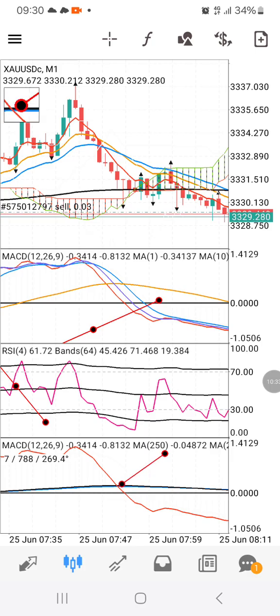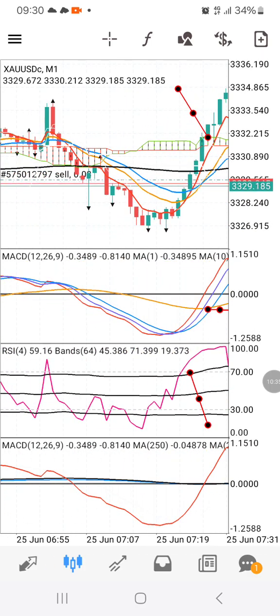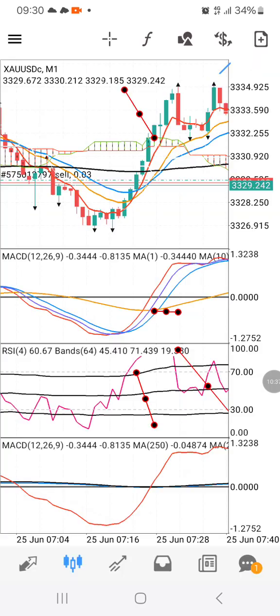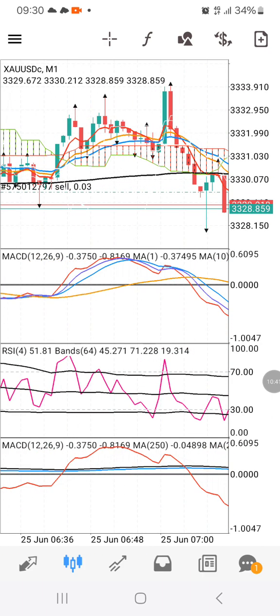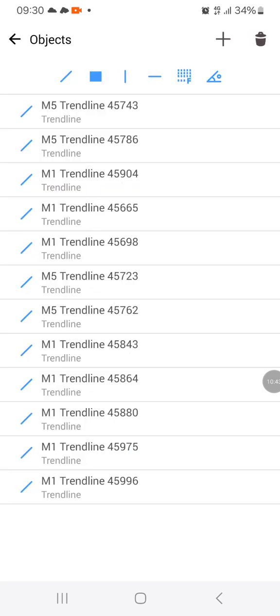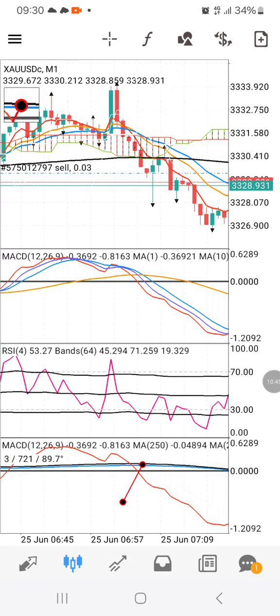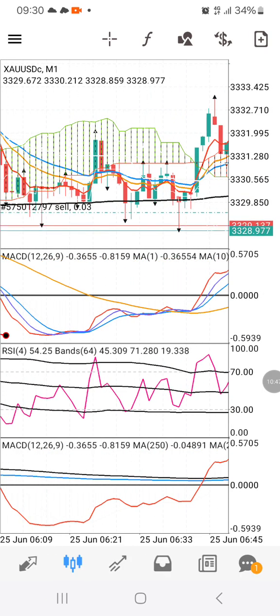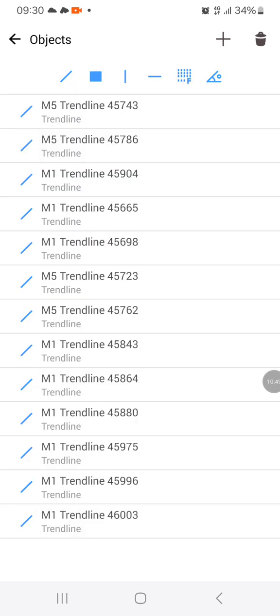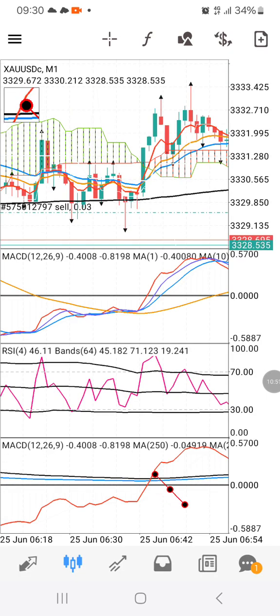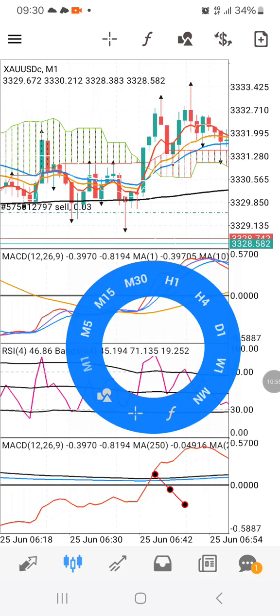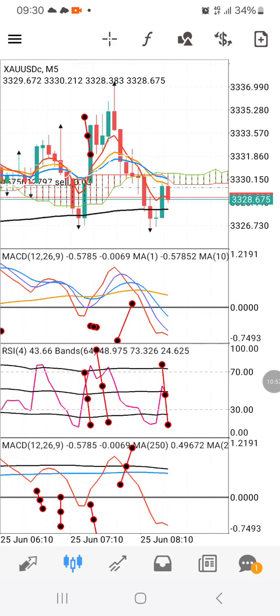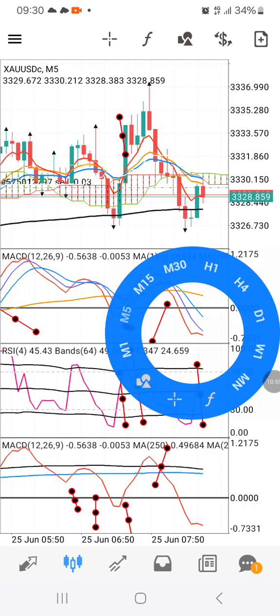Also when it crosses above, like what you have around here, that's a signal to buy. When it crosses below, signal to sell. And when it crosses above, that's signal to buy. So when this aligns with what is happening on the 5 minutes time frame, then you can go for the trade.